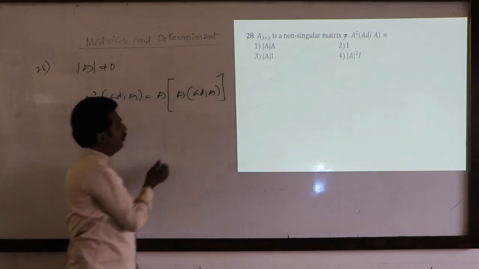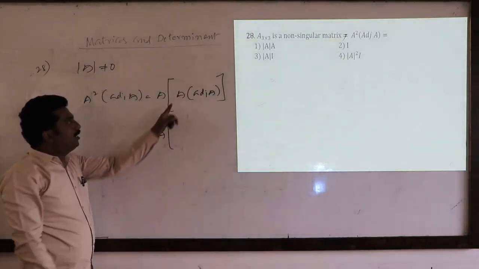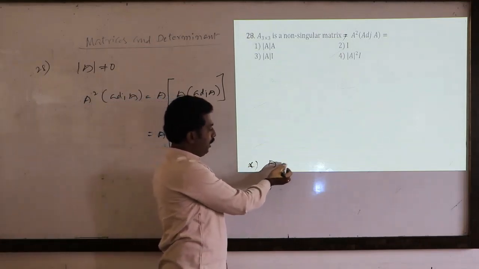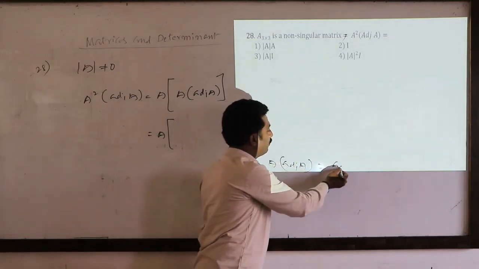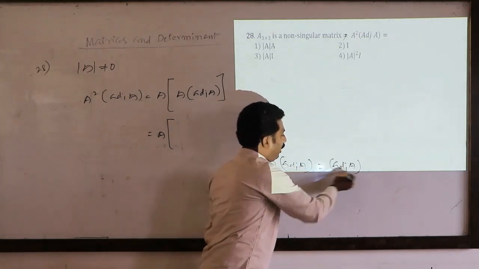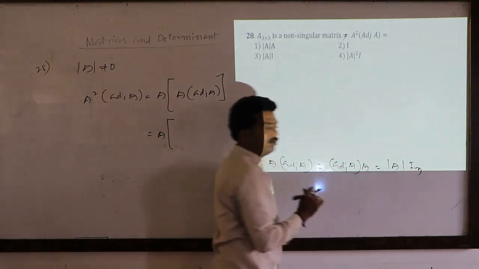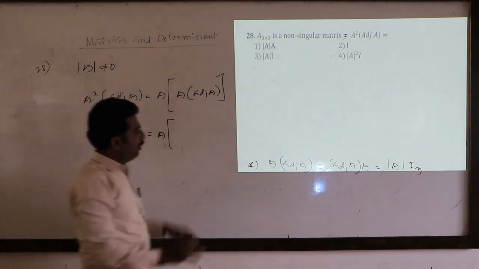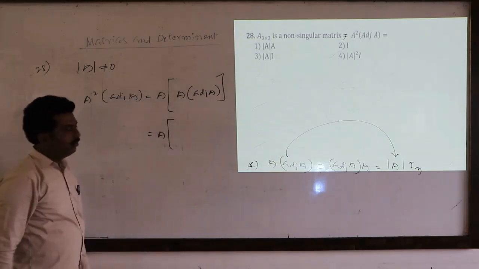So what is A into adjoint of A? A into adjoint of A, or adjoint of A into A, equals determinant of A into In. According to this formula, A into adjoint of A is determinant of A into In.